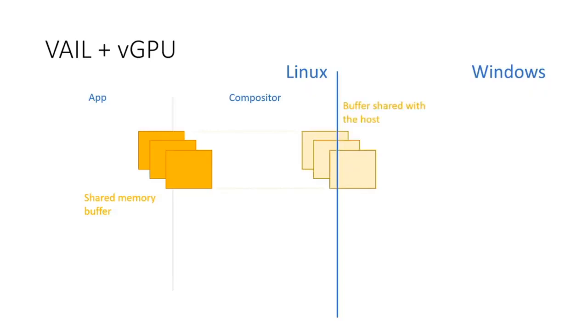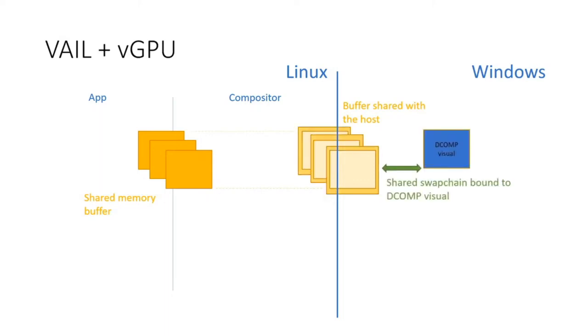And those buffers are shared with the host. Our DXG kernel, our WDDM paravirtualization projection of the GPUs, allows us to share surfaces between the guest and the host. So those buffers can also be accessible directly from the host. On the host, we reopen essentially the same memory. And the quote-unquote window on the host side isn't really a window with its own memory and things like this.